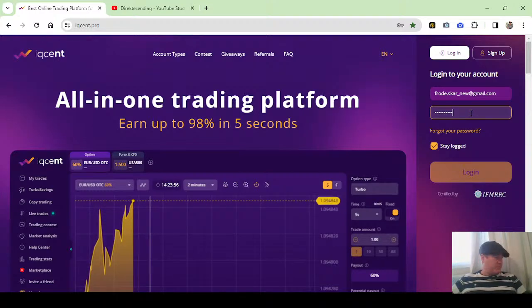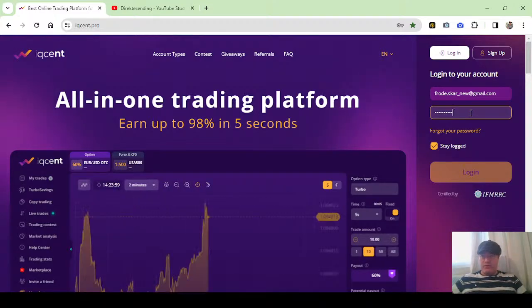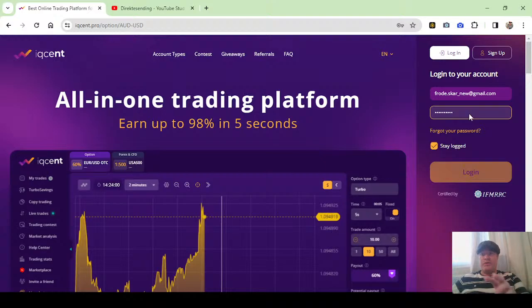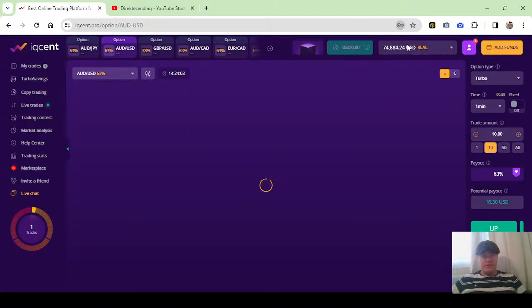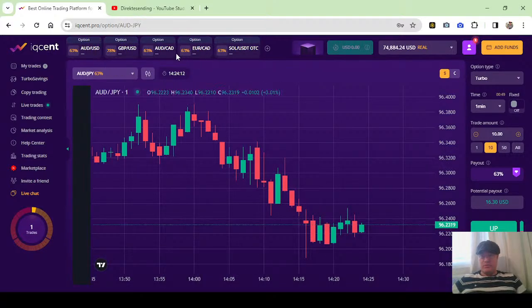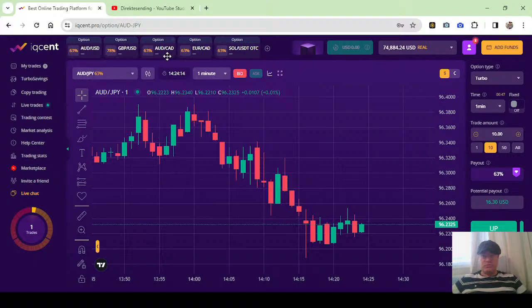So I think today we start with whatever is up here from before. Let's remove some of these pairs that we don't want. I think today we start with moving average 7.